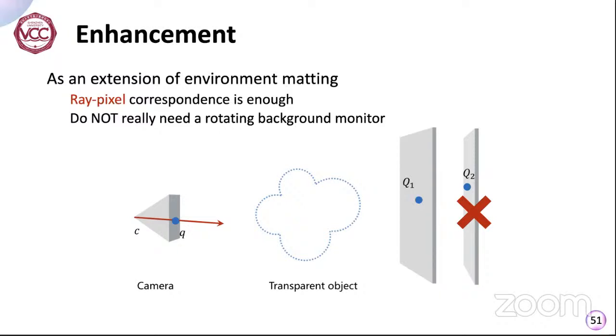Actually, I just showed the GIF. So this extension from the mapping to reconstruction, this ray-pixel correspondence is actually enough in the sense that we can directly optimize the reconstructed shape of the object to better match a collection of the environment mattes captured from multi-view.